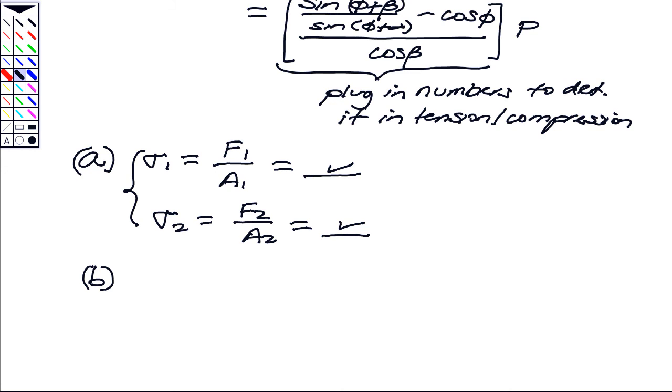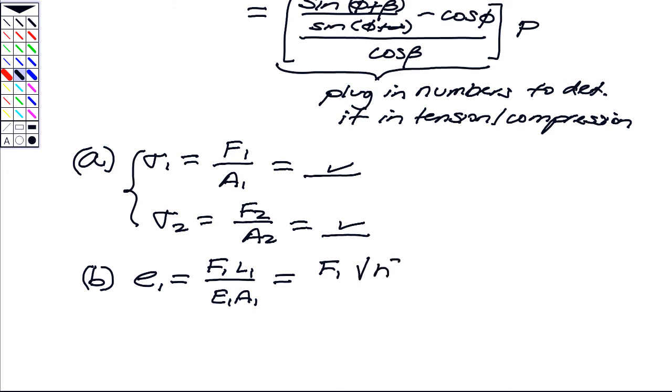So the first thing I'm going to do is find the elongations. The elongation in member 1, the standard equation here is F1 L1 divided by E1 A1. So the length of member 1 is the square root of h squared plus b squared.